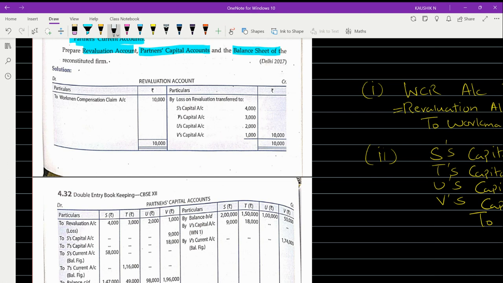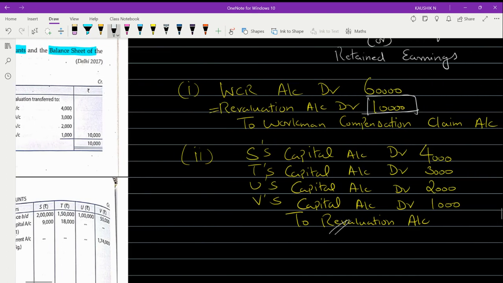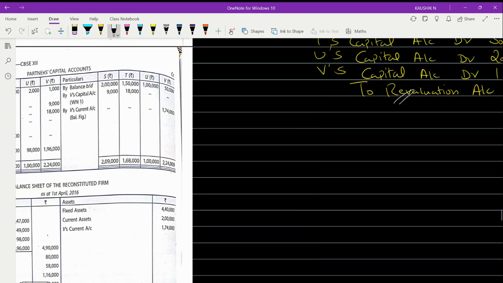Okay. Now finally, we have to prepare two accounts: one is the partners' capital account and the other is the balance sheet. So let us prepare the partners' capital account over here. Partners' capital account, debit side.